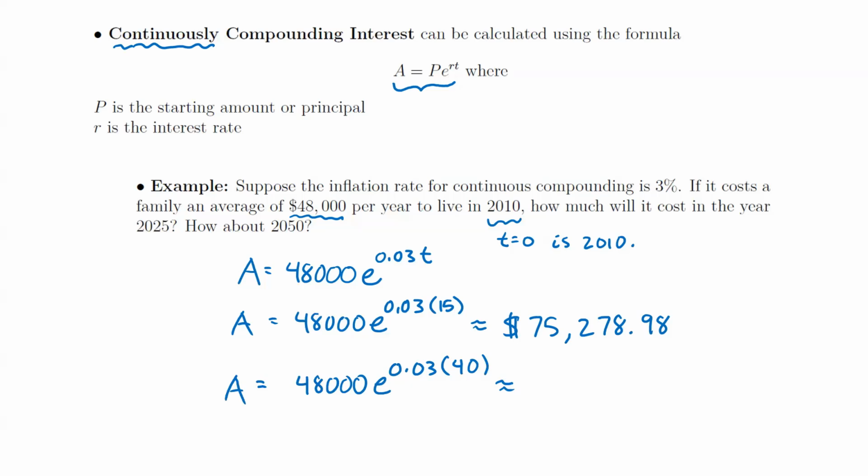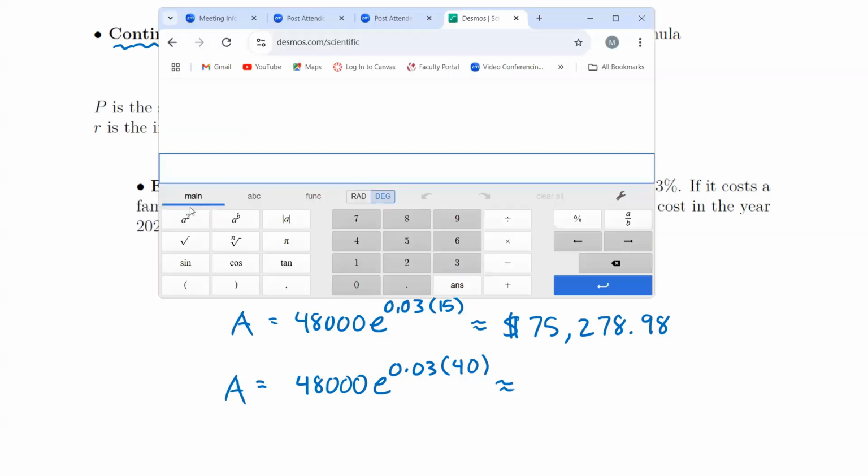So it's probably worth talking a little bit about typing something like this in your calculator. If we happen to be using Desmos, then if you just type the letter e in here, it knows what you're talking about, which is kind of nice. So you can just type it straight from the keyboard if you'd like.